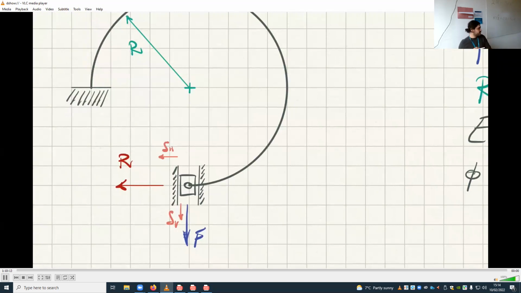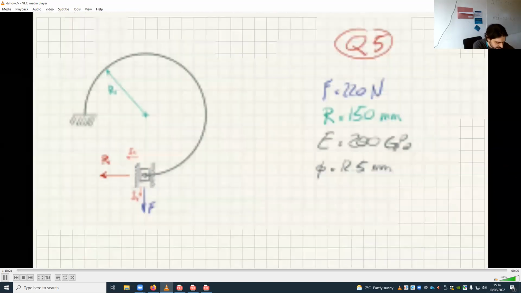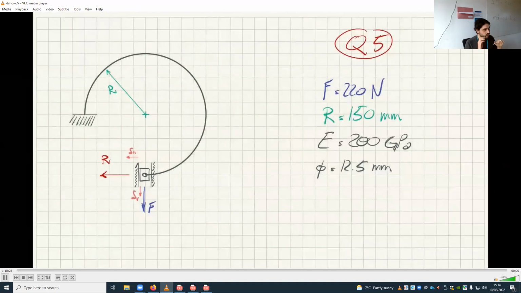So my unknown is not on the left-hand side, delta H equal to; my unknown is on the right-hand side. That unknown is R. Let's solve this first as the question asks, and then see if we can add the effect of R, which is probably not a good idea, because you should probably do this first with both forces and then set R equal to 0.